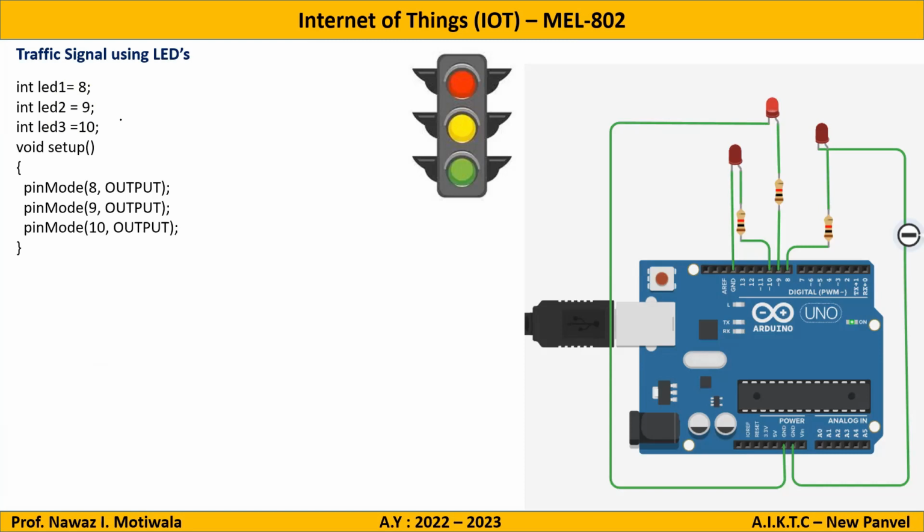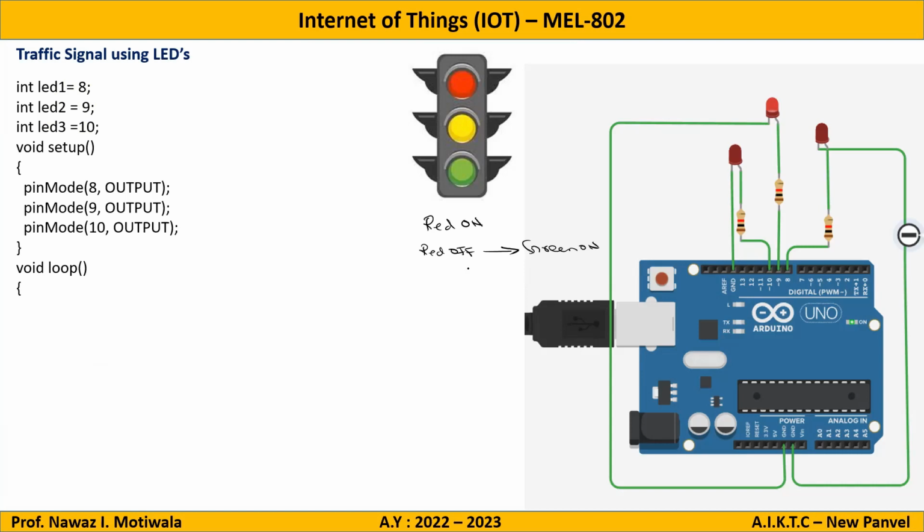Then going for the third step, that is void loop, which will be running continuously. So I will write void loop, and I will start the bracket. Then as we have discussed the logical sequence, red will be starting. So I will write red on. Then as soon as red goes off, at the same time green on.